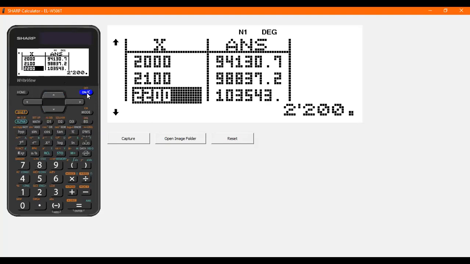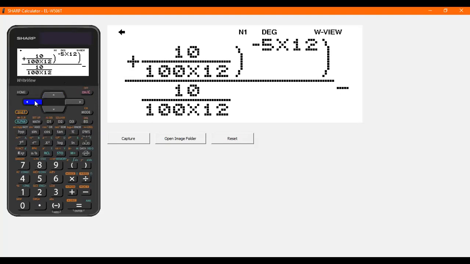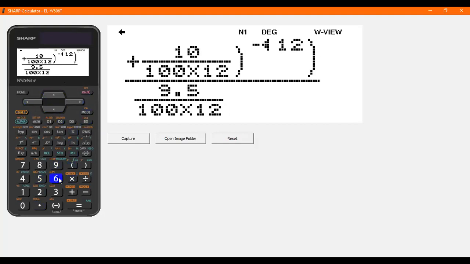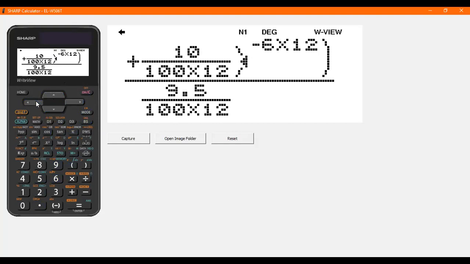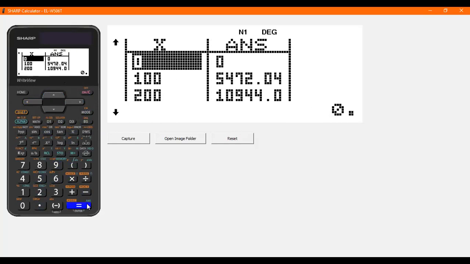Now, what's cool is you can go back to your table, and let's say, for example, your interest rate now changes to 9.5%, and we take out the loan over 6 years instead of over 5 years. So I'm just basically editing my formula here, right? And equals.